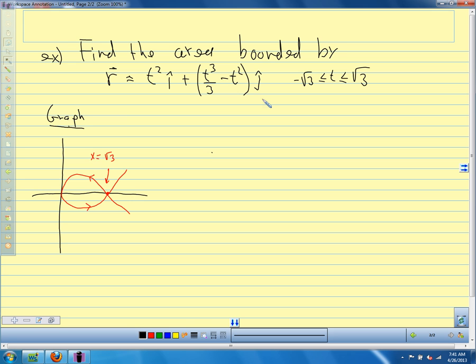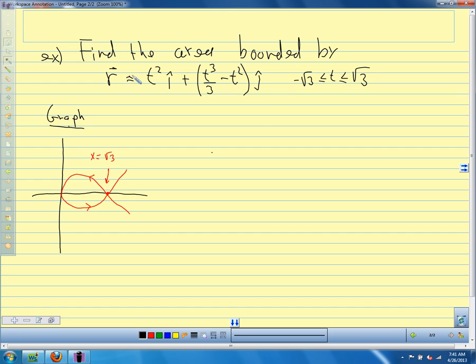If we wanted to find the area bounded by this curve using the methods we've used so far, as a double integral, we would have to find y in terms of x or x in terms of y.